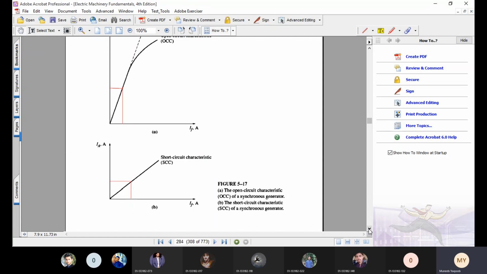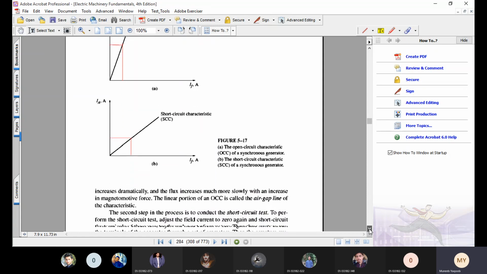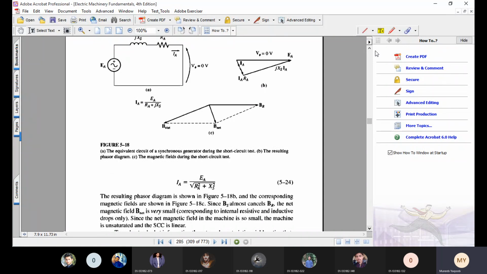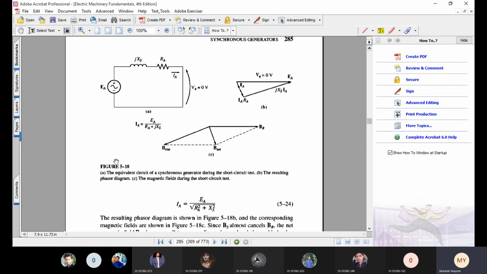Now when we short circuit the armature winding, the circuit would become like in figure 5.18e. Here you can see that the output is being shorted. So V phi is equal to 0, because it had some voltage earlier, but we shorted this winding.